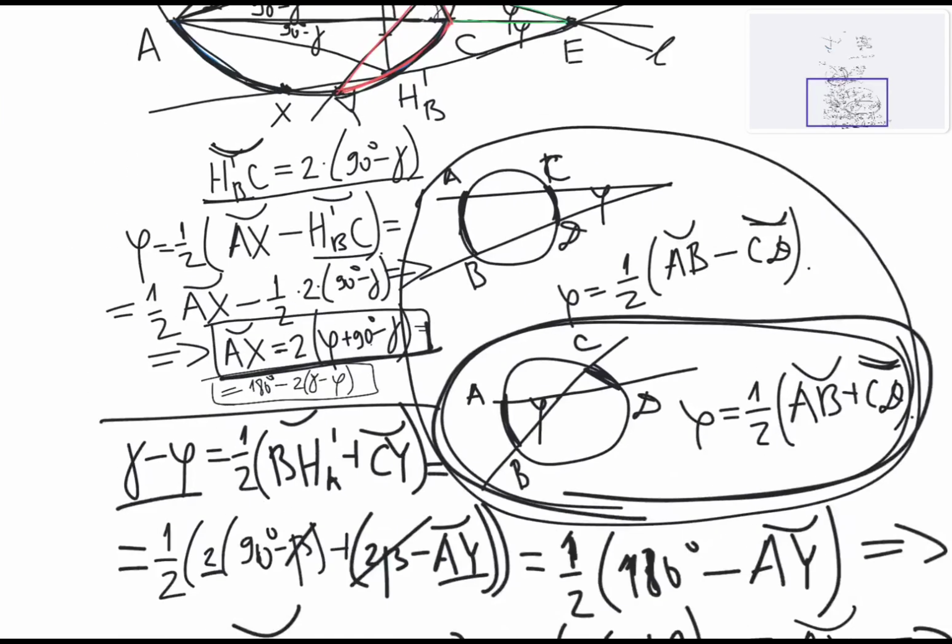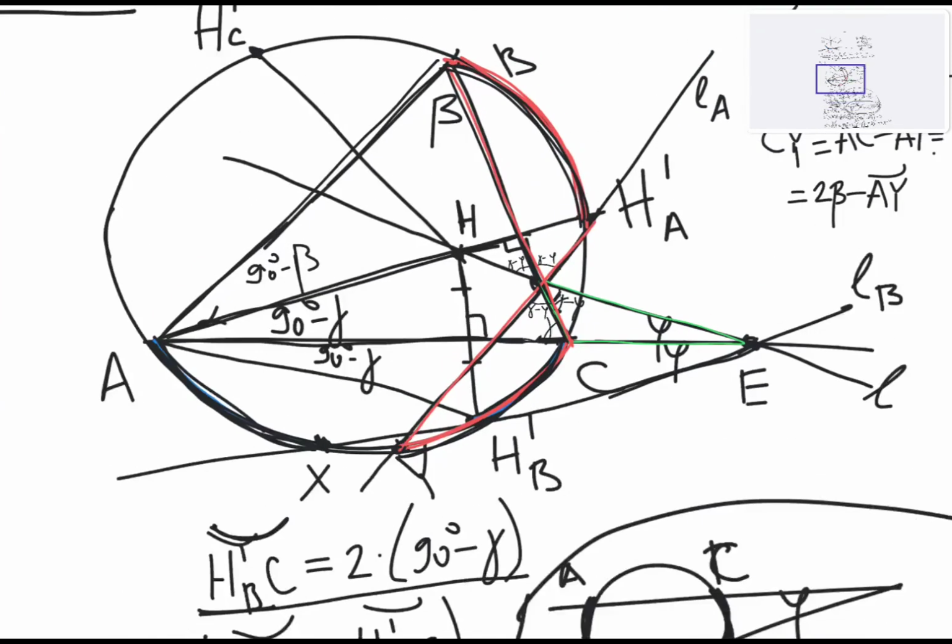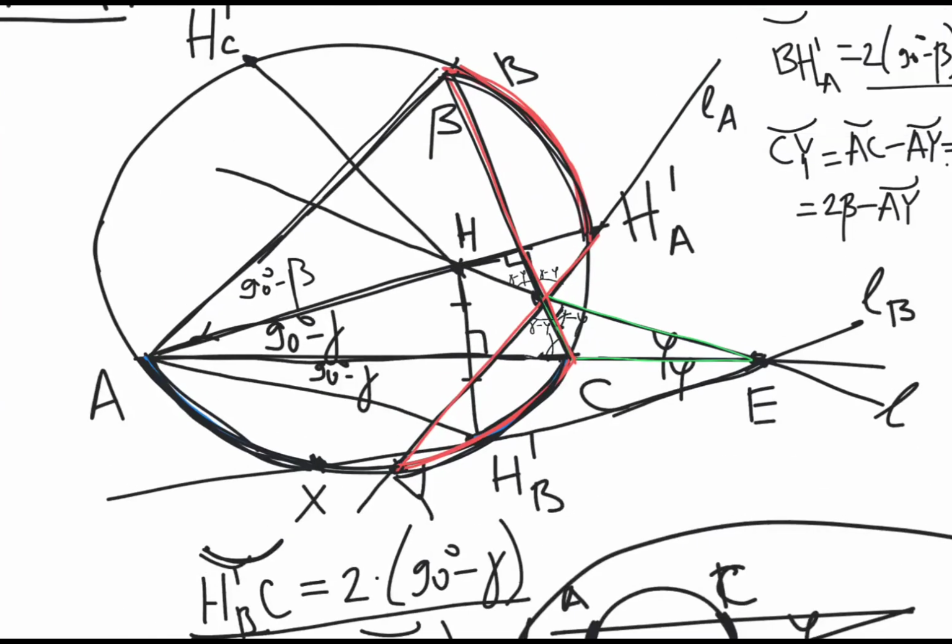We could calculate the arc for the third line. If the third line, LC, passes somewhere here, we denote this point by Z, and we could again express the arc AZ and conclude that it is also equal.